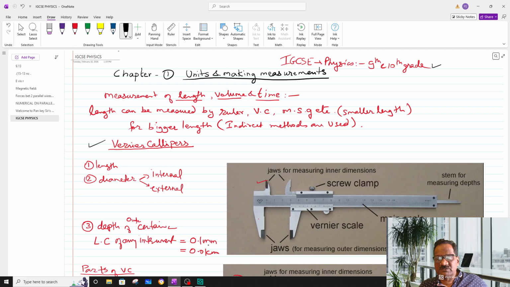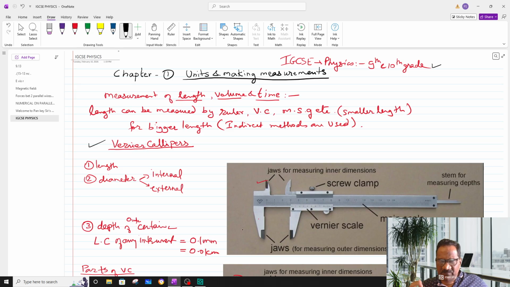It may be 0.01 millimeter or 0.001 millimeter. Depending upon the accuracy to which you want to measure a certain length, you can use different vernier calipers. So vernier calipers may differ from one to other in that the least count will be different. Otherwise all the mechanism is the same.